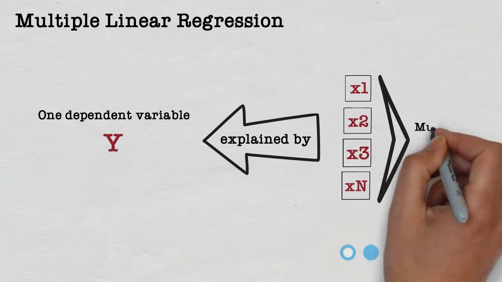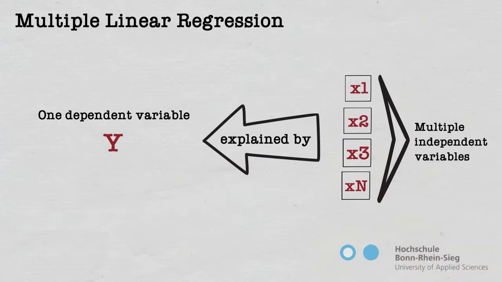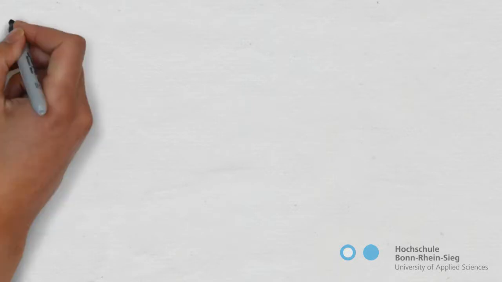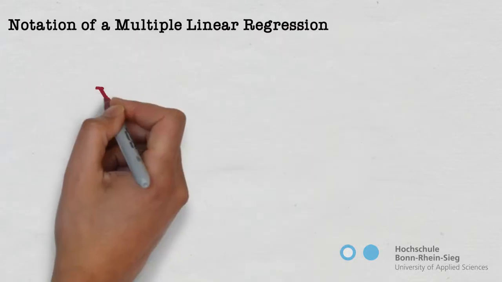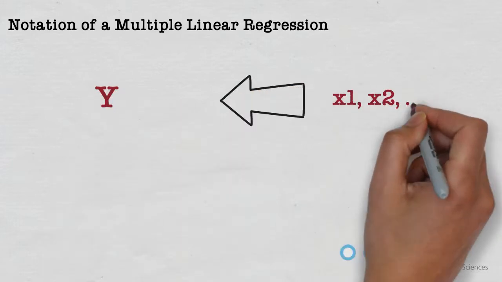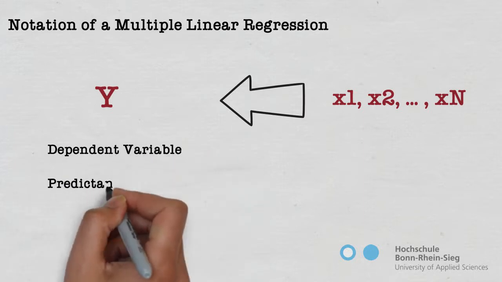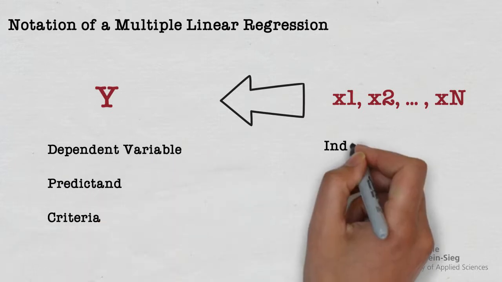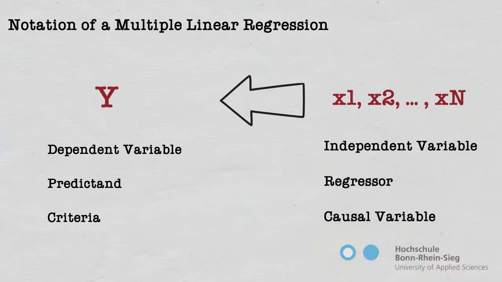So the x's are called multiple independent variables. So how to note a multiple linear regression? Y explained by x1, x2, xn. There's Y, the dependent variable, the predictant or criteria. And x1, x2 and so on is called the independent variable, regressor or causal variable.